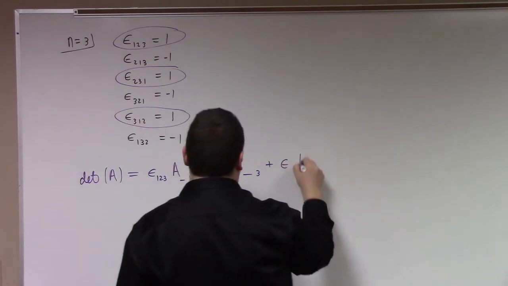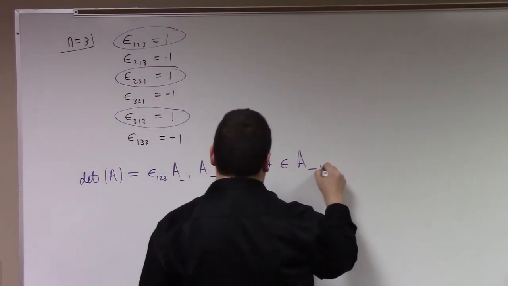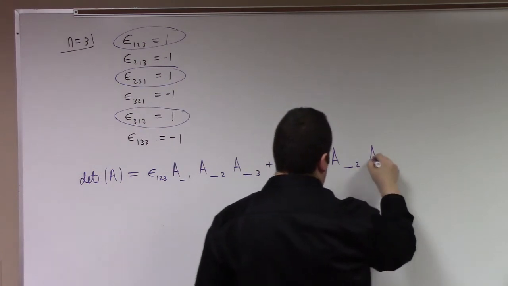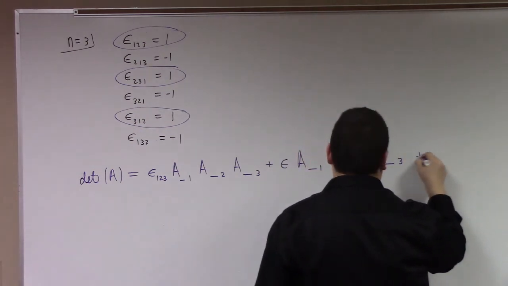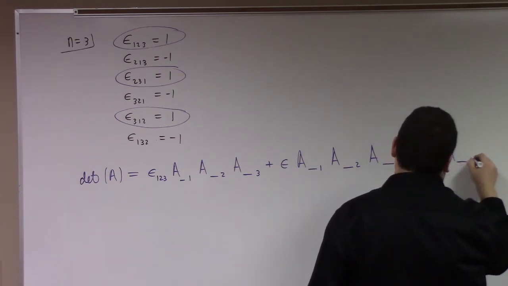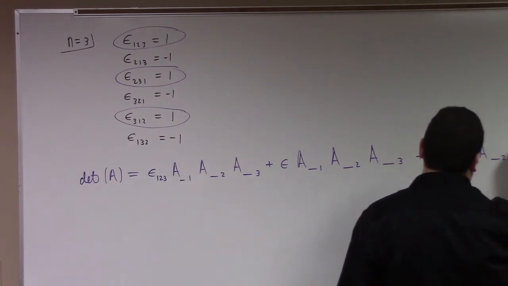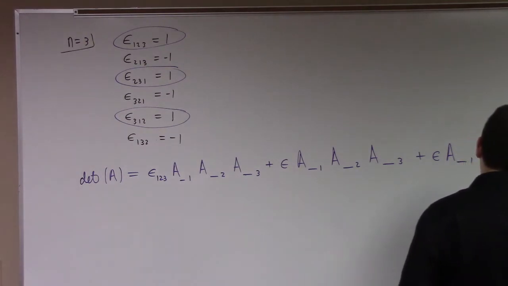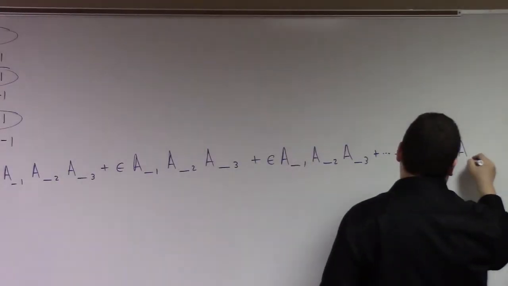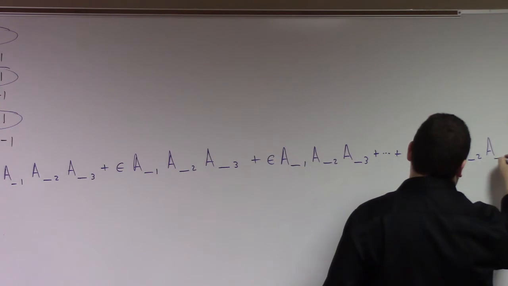Plus epsilon, A fill in the gap 1, A fill in the gap 2, A fill in the gap 3. Plus epsilon, and so on, dot, dot, dot. I'm getting tired of this. Plus epsilon, A fill in the gap 1, A fill in the gap 2, A fill in the gap 3.